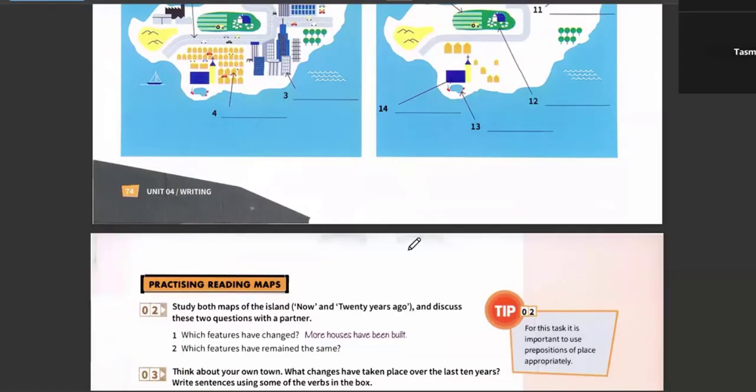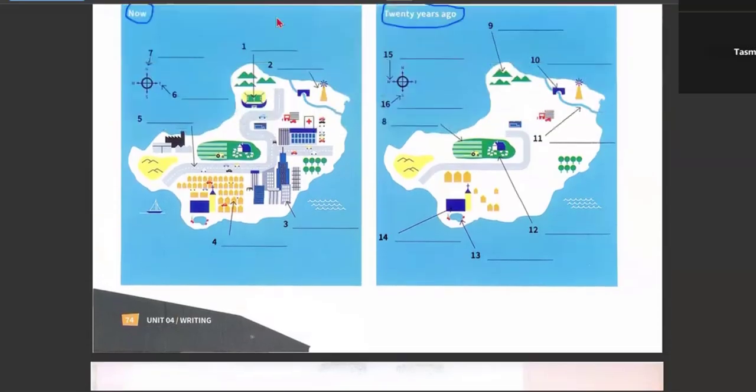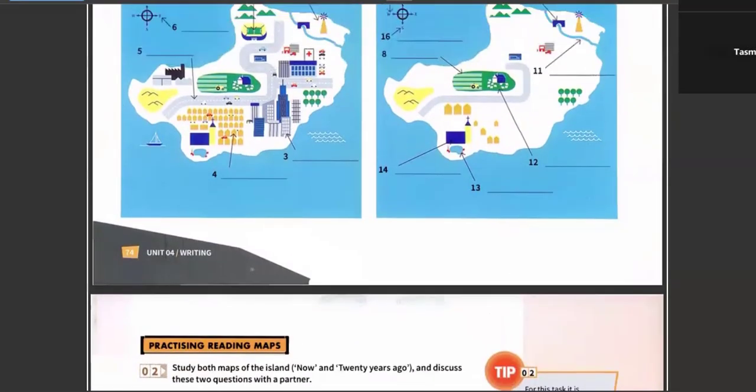Those are prepositions like on, above, in, under, beside, along, by, at. These are all the prepositions that should be used appropriately to describe where each of the things are in the map, right?